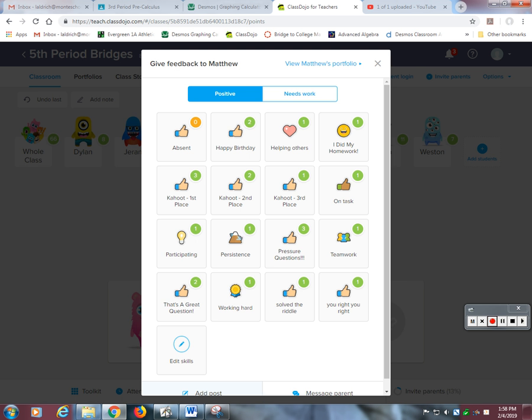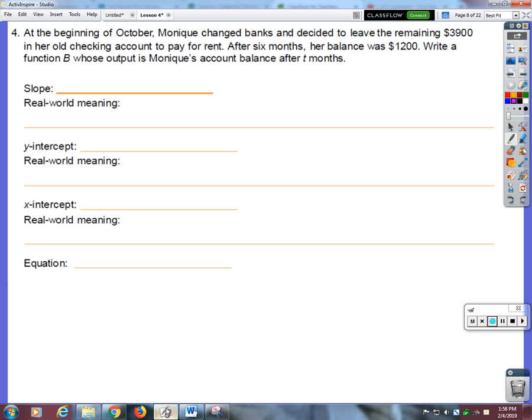Okay, Matthew, what's the slope? She starts with $3,900. 6 months later, she only has $1,200. $450. Okay, good. And it's a negative, yeah.